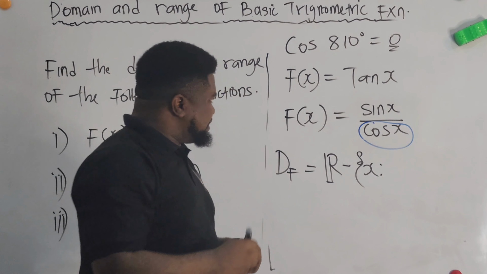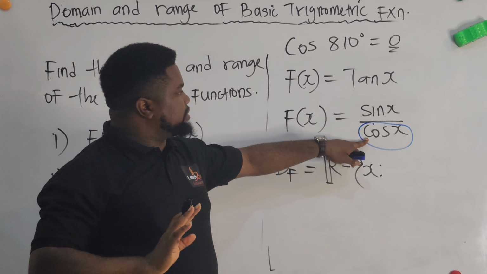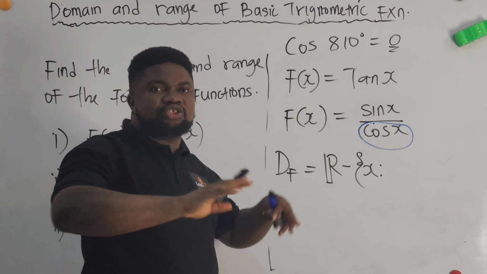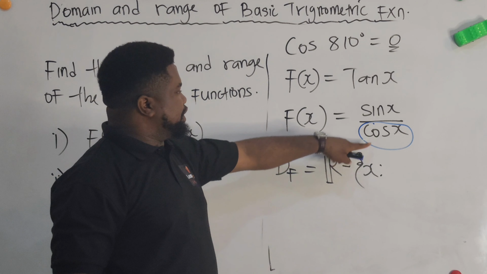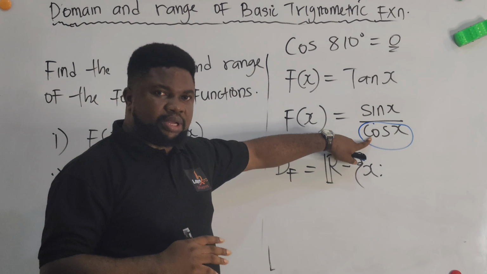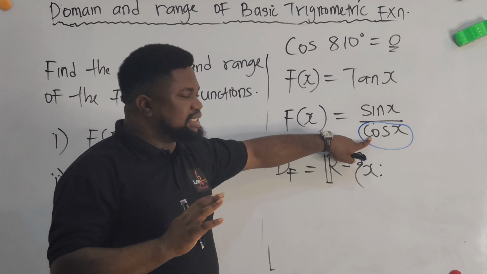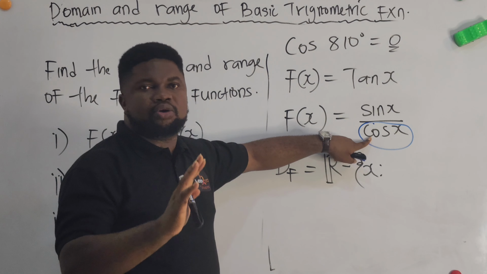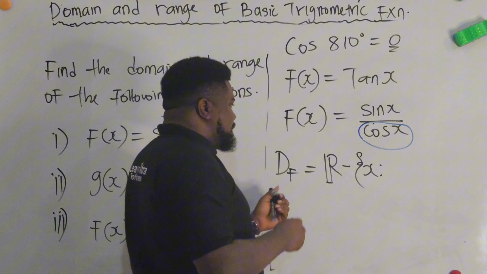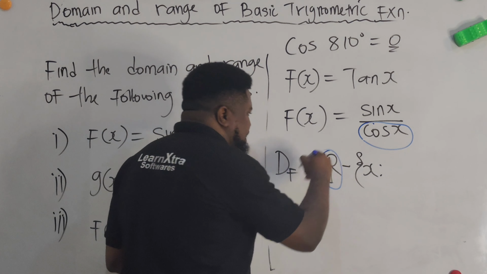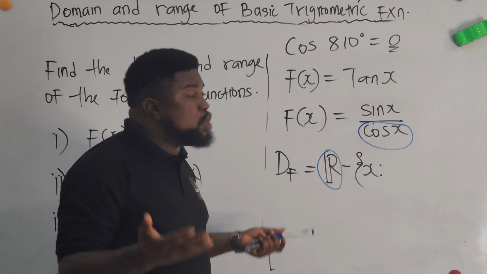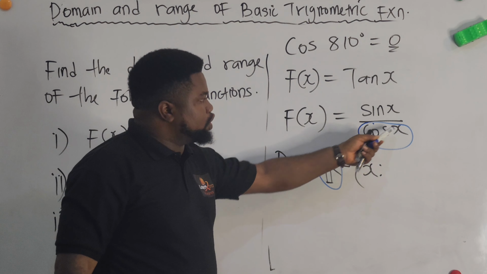So all the numbers that will make cos x 0, we shall remove them. There are millions of numbers that can make the denominator 0. So we have to remove all of them from our domain, because domain contains the values that will work. Saying everything will work is false. We know that some things will not work.